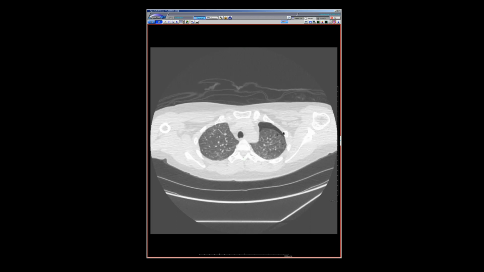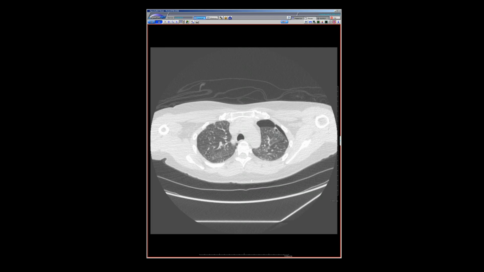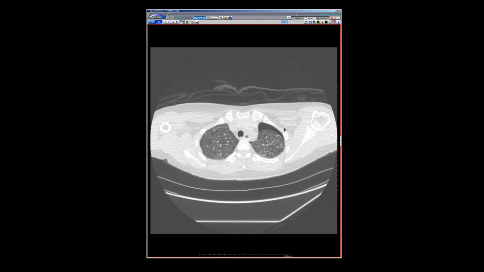Again, you can see a dramatic worsening of these nodules. You can almost imagine where the pneumothorax occurred, due to one of these nodules perforating through the pleura into the pleural space. But you see that these nodules and cysts have recurred, and they're overall much worse.